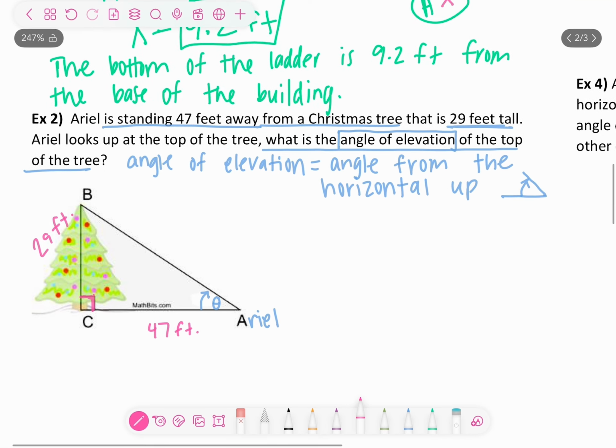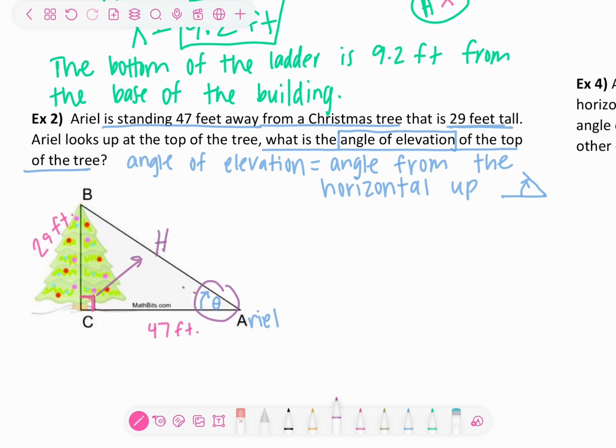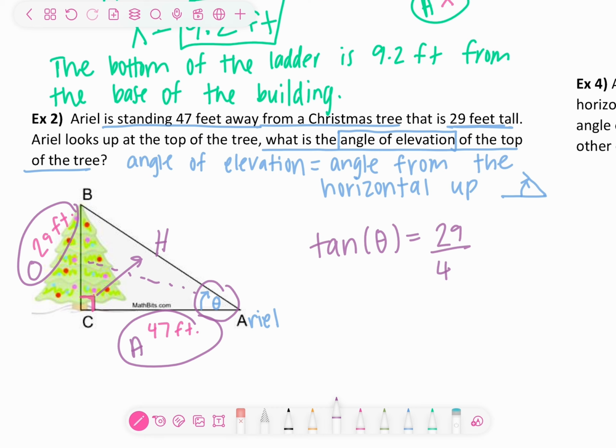So it looks like we can use our reference angle of theta, which is the one we're looking for. And then we don't know the hypotenuse. We do know the opposite side, which is 29, and we know the adjacent side is 47. So we can use opposite and adjacent, which is going to be tangent. So the tangent of theta is equal to O over A. So 29 over 47.